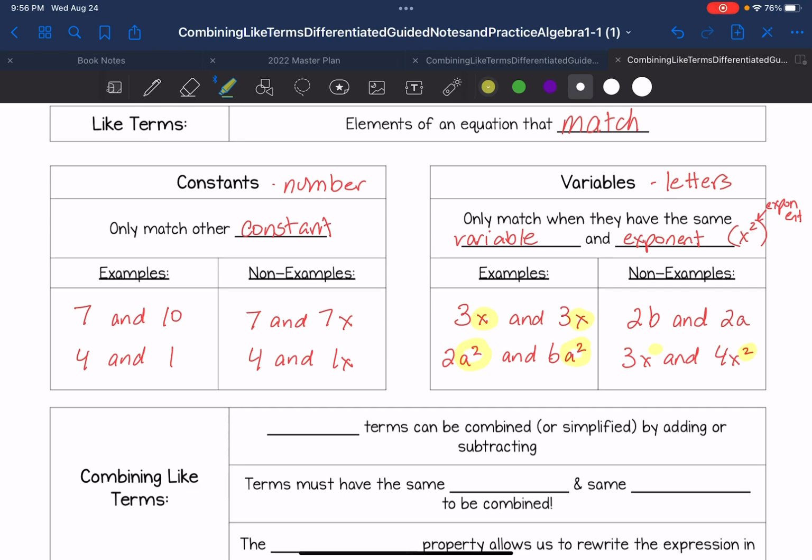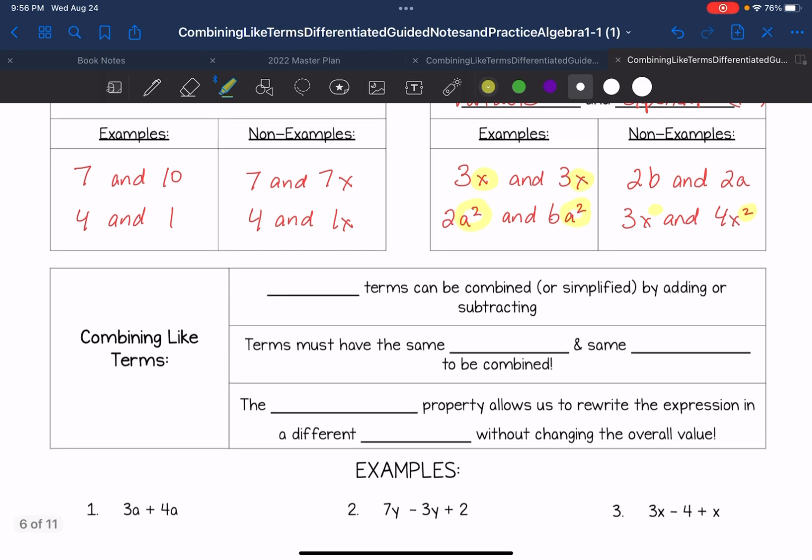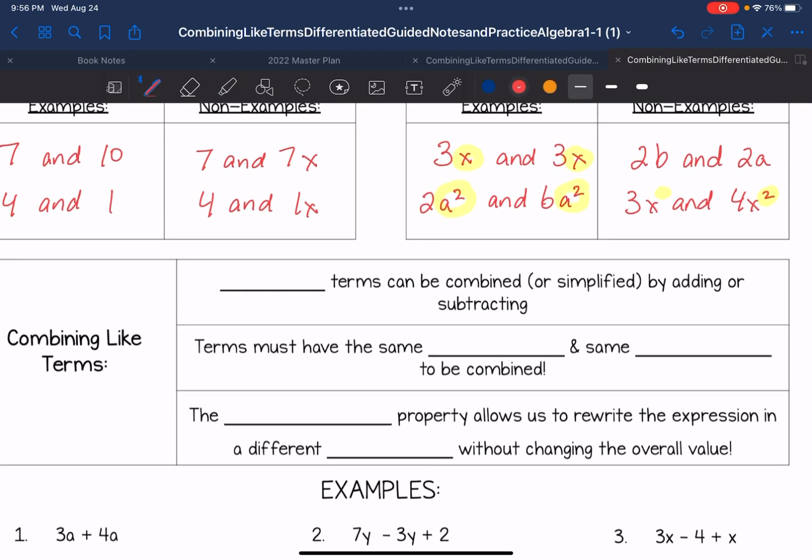All right, and so when we're combining like terms, we can say that like terms can be combined or simplified by adding or subtracting. Terms must have the same variable and the same exponent to be combined.